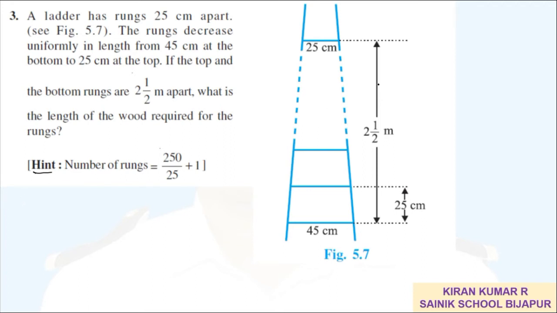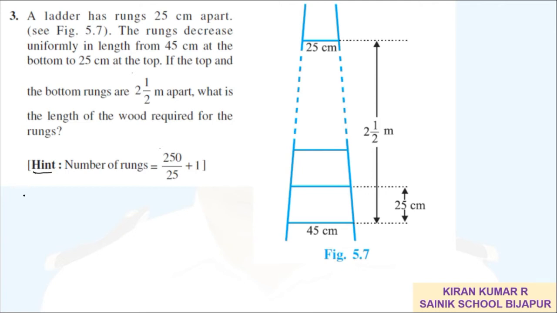According to the question here, 2.5 meter is the distance between the top and the bottom rungs, and the distance between two successive rungs is 25 centimeter. So the number of rungs will be 250 by 25 plus 1, which will be equal to 11.